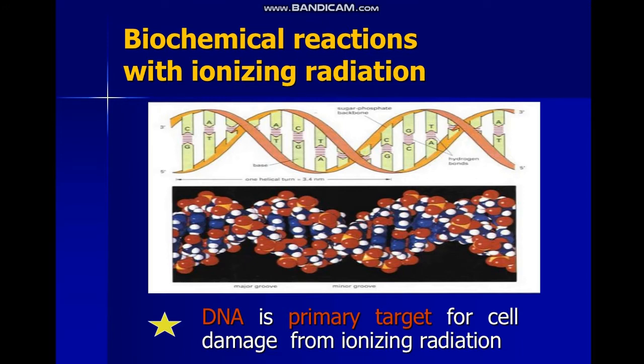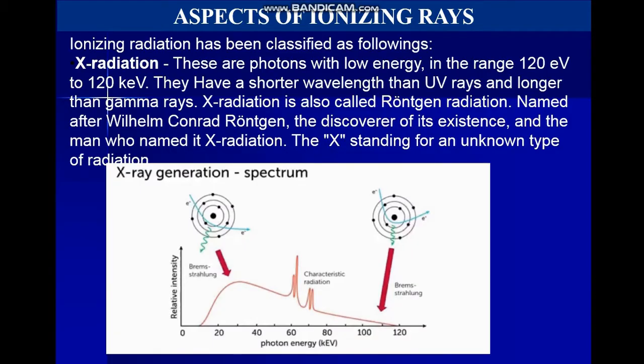The bases are nitrogen ring compounds. The carbohydrate sugar is either deoxyribose or ribose, 5 carbon sugars unique to nucleic acids. There is considerable evidence suggesting that nucleic acids, especially DNA, are the primary target for cell damage from ionizing radiation.